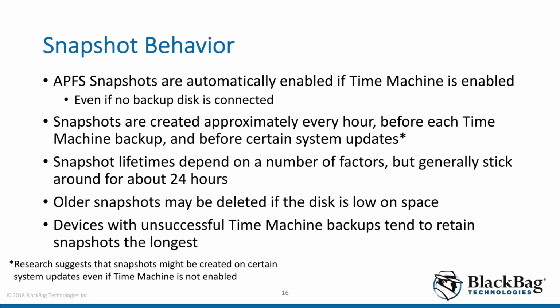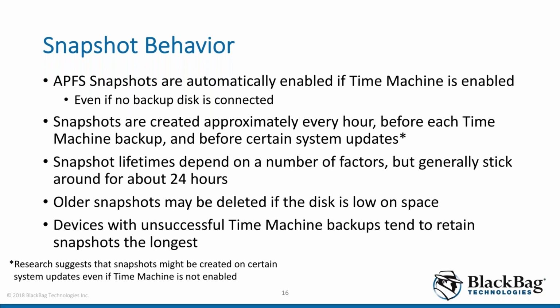Unfortunately, the lifetime of snapshots is limited. Volume shadow copies on Windows tend to stick around for as long as you have disk space. Snapshots are way more limited. The lifetime itself depends on a number of factors, but generally a good rule of thumb is that they'll stick around for about 24 hours.